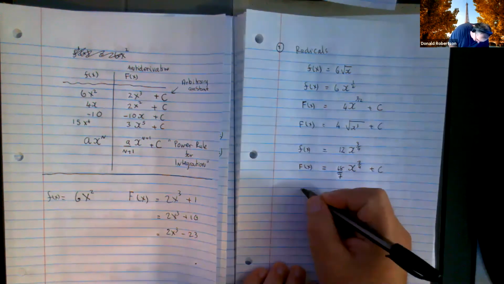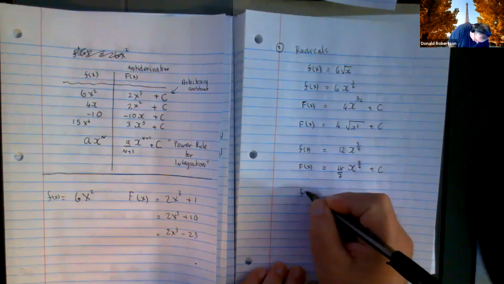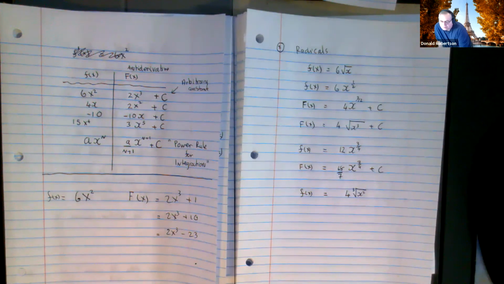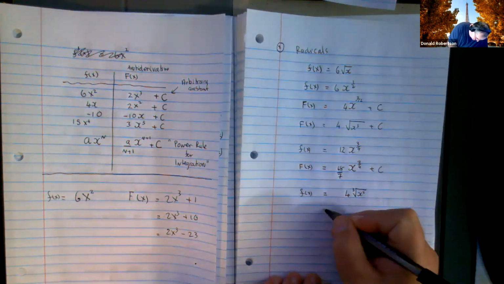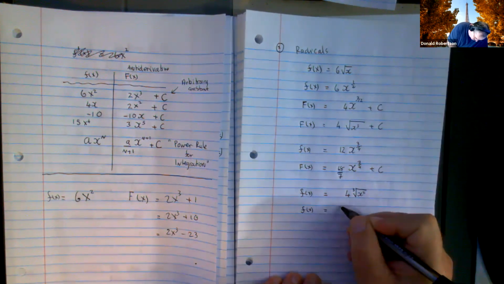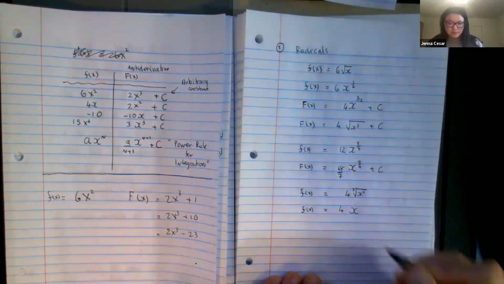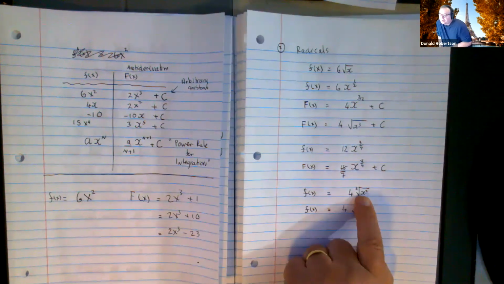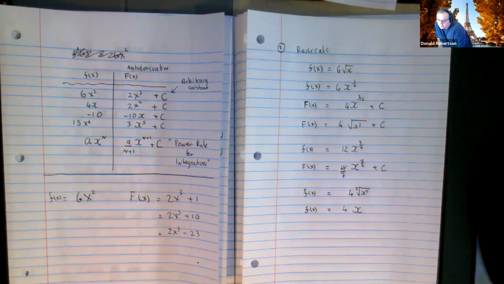How about this one? I want to find the antiderivative of 4 times the cube root of x squared. To be able to use the power rule for integration, I will need to convert this into a fractional power.